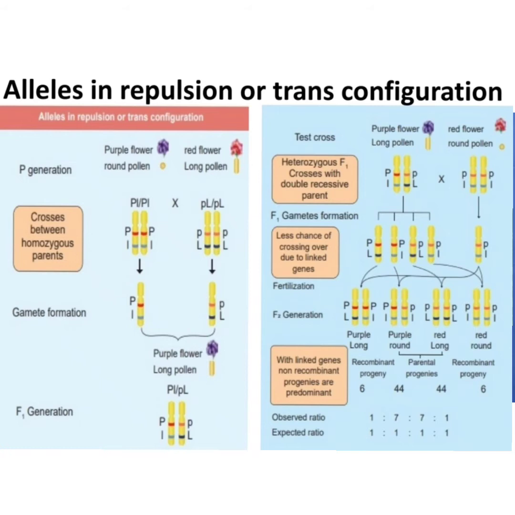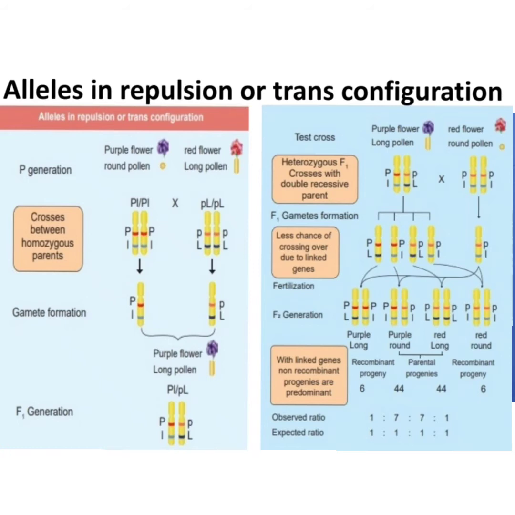The purple flower with round pollen will have capital P small l in one homologous chromosome and capital P small l in another homologous chromosome, and the red flower with long pollen will have small p capital L in one homologous chromosome and small p capital L in another homologous chromosome.